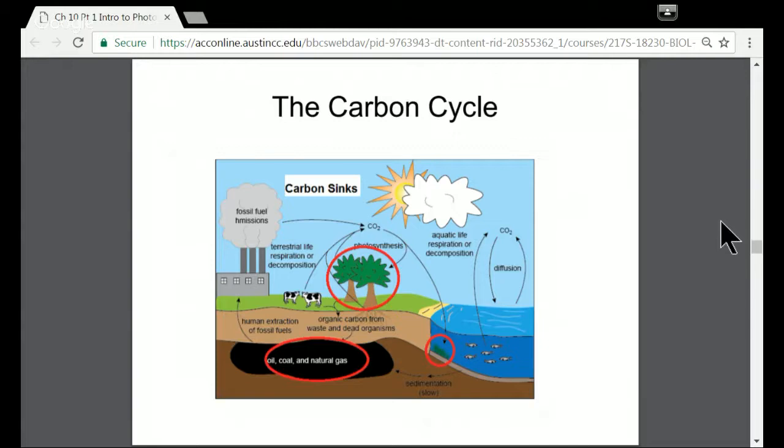So photosynthesizers take in CO2. They capture it in sugars, and they use those sugars to build their bodies and also for energy. Algae in the ocean do this. Trees on the land and other plants on the land do this as well. Now, when these organisms die and become buried, some of them can gradually turn into fossil fuels, things like coal, oil, and natural gas.